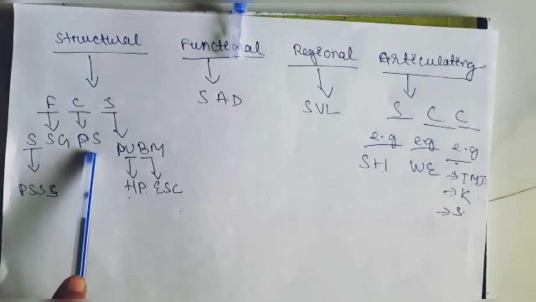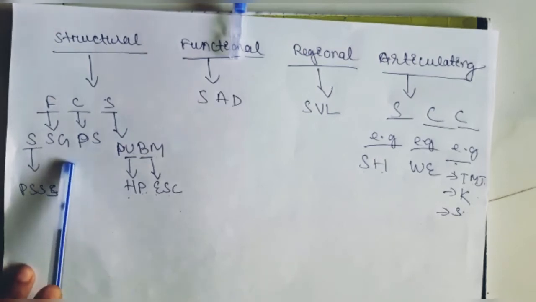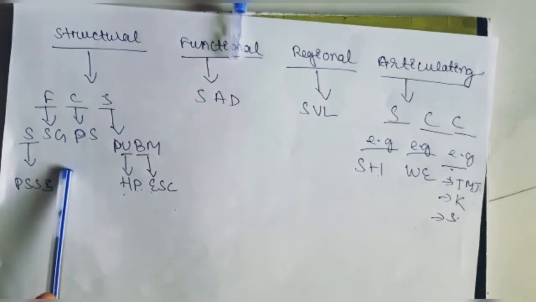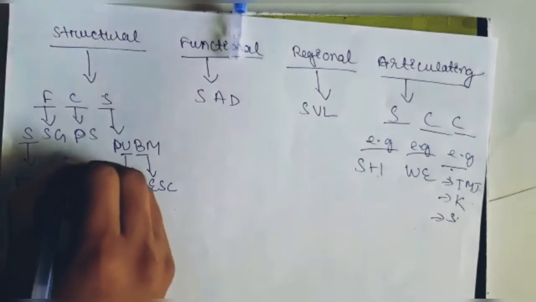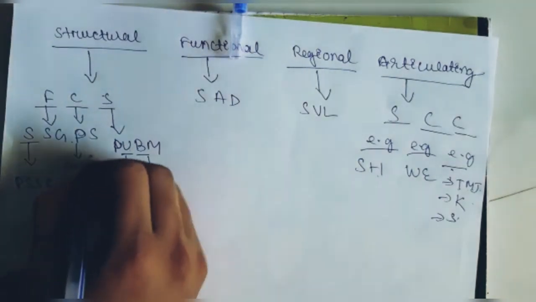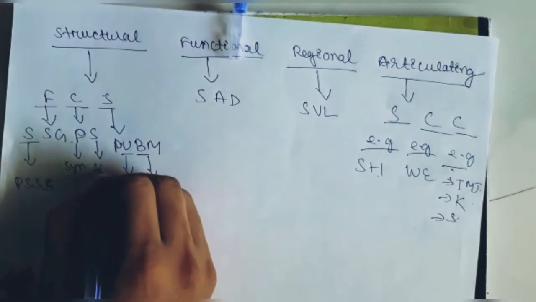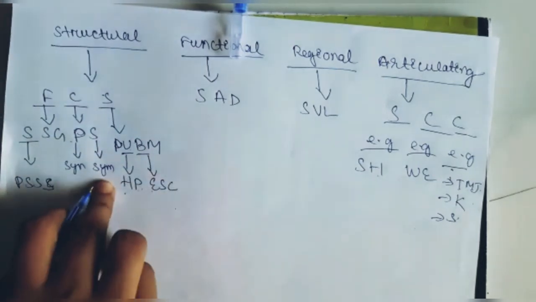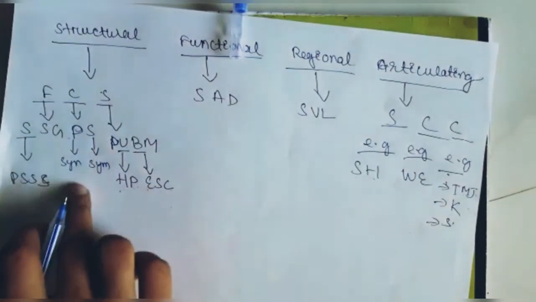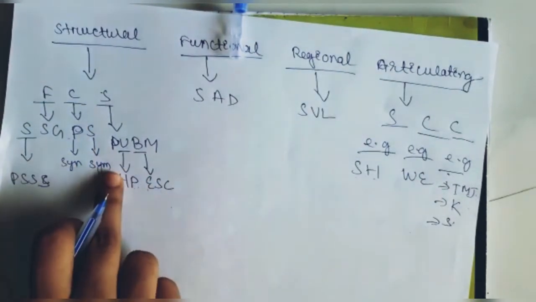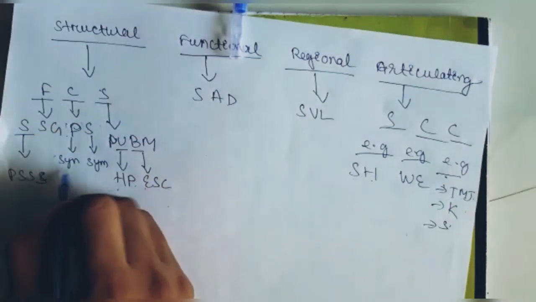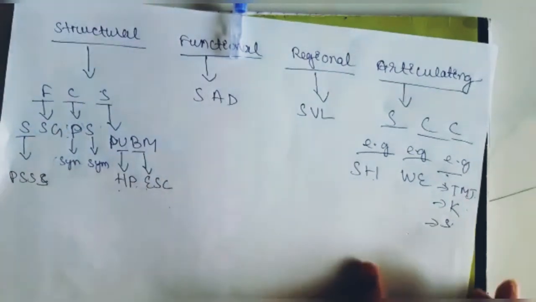If you are not able to remember this, you can remember like this: synchondrosis and symphysis. You can say primary or secondary, or you can remember it like this.